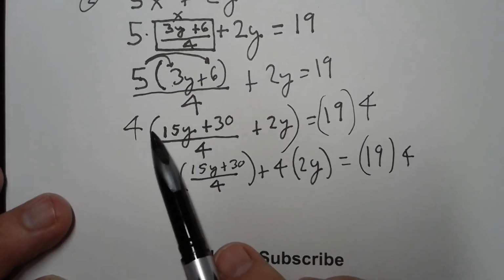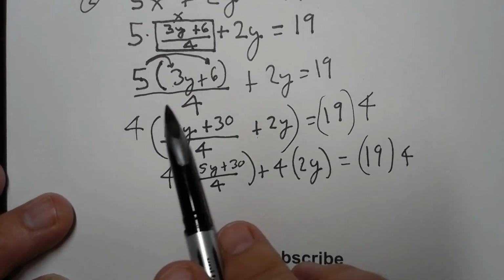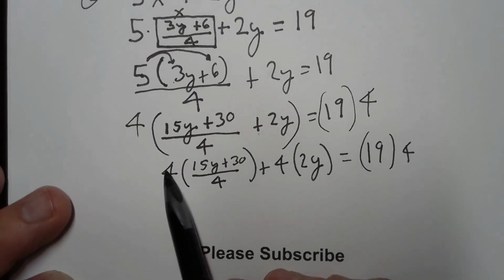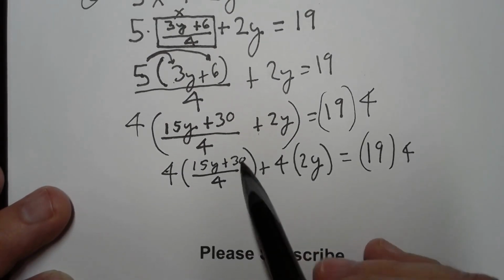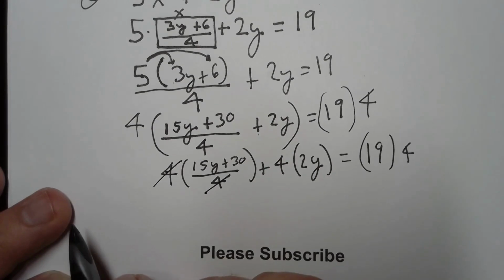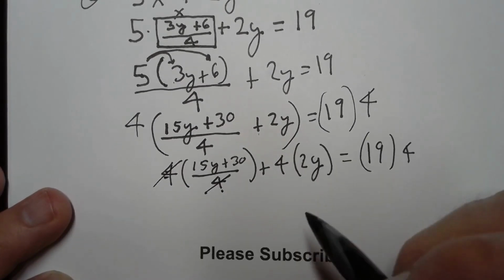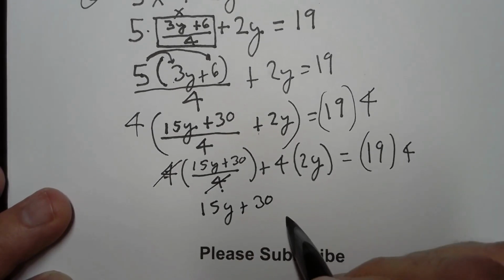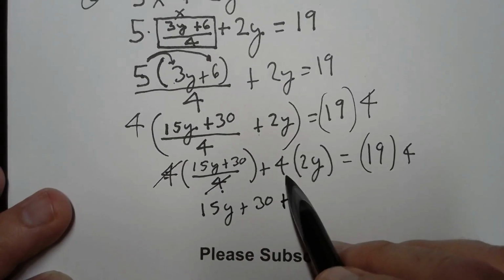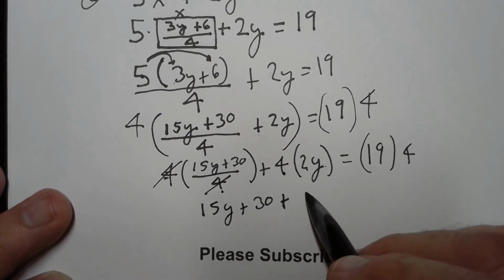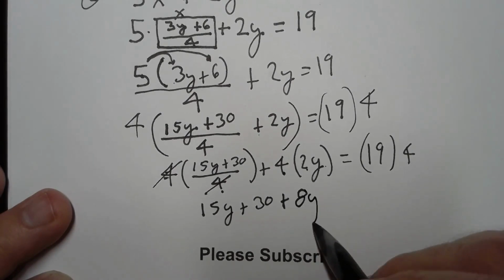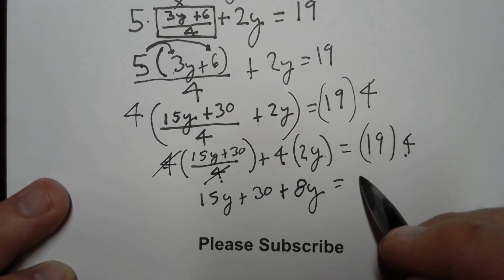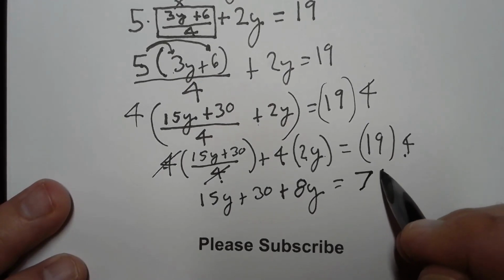All I did was break these two up, and I'm distributing the 4 to here and to here. If I'm multiplying 4 times this, and there's a 4 in the denominator, I can cross out the 4's because this cancels that one out. And I'm left with 15y plus 30, and 4 times 2y is 8y. And I'll multiply the 4 times 19. 4 times 19 is 76.